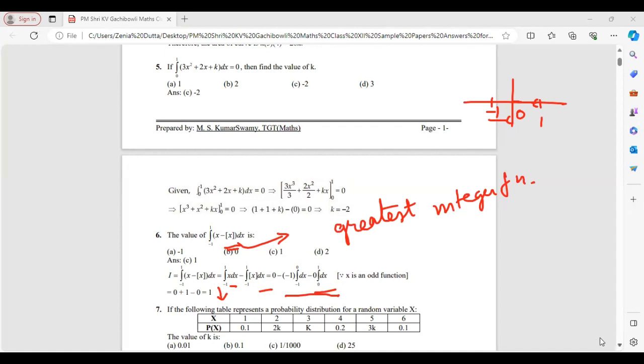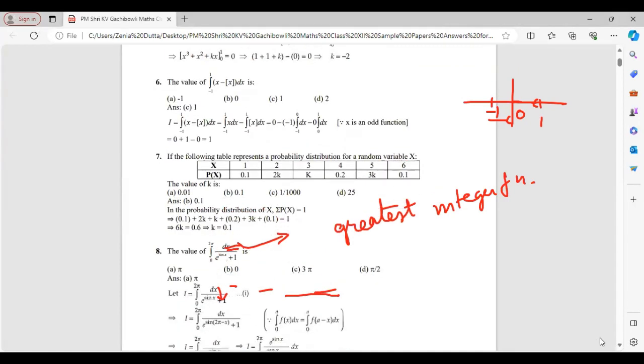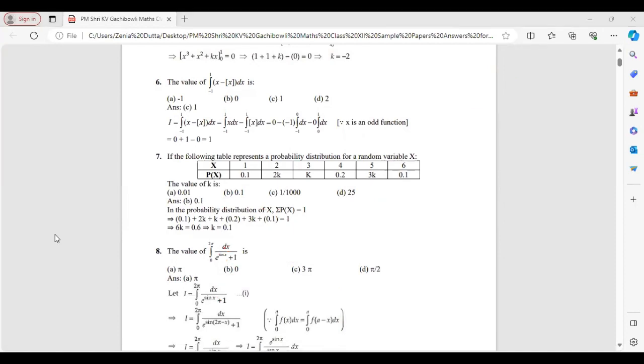If the following table represents a probability distribution of the random variable x, with x equal to 1 giving 0.1, 2 giving 2k, and so on, what is the value of k? So we will be applying that the sum of p of x is 1, because the sum of the probabilities is always 1.